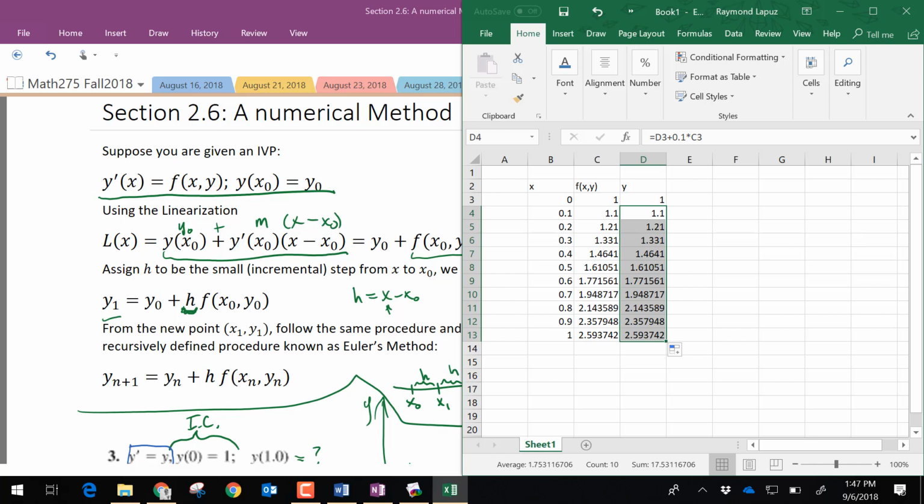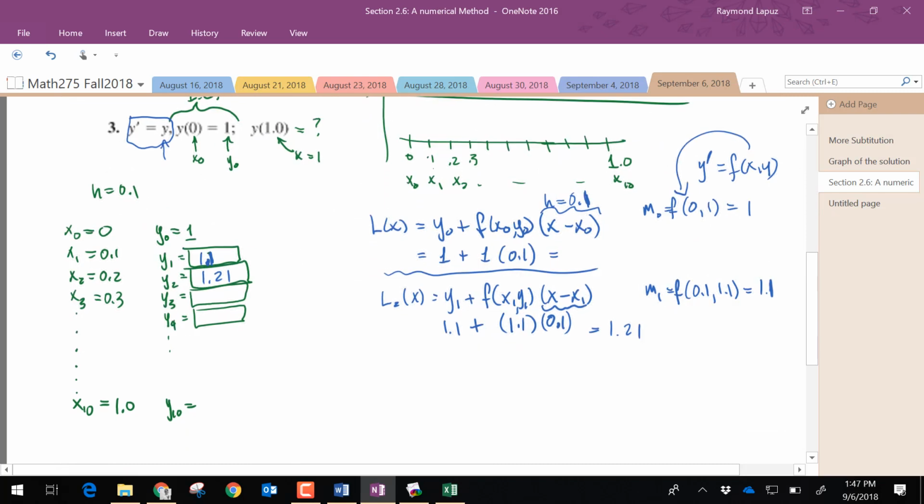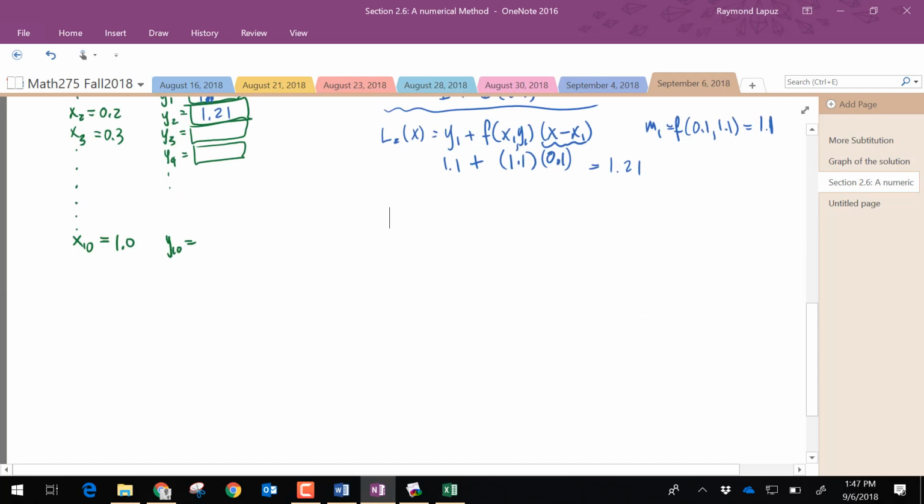Do you remember the actual solution to this differential equation? Can you look at this differential equation and, without doing Newton's method and whatever we've done in the past, do you know what the solution is for this? e to the x, right?